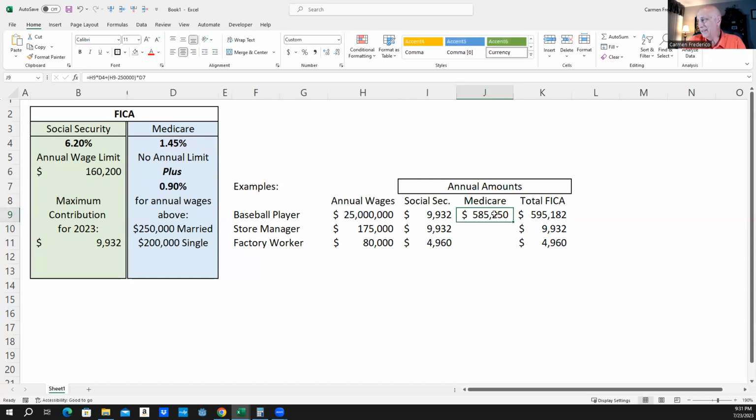So he's going to pay $585,250 into the system.